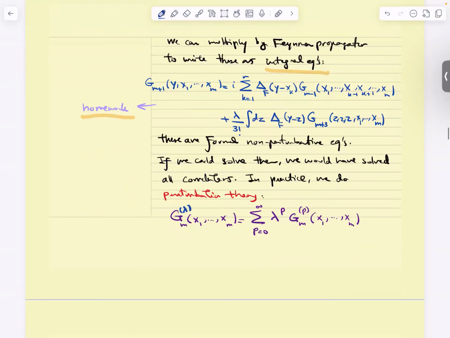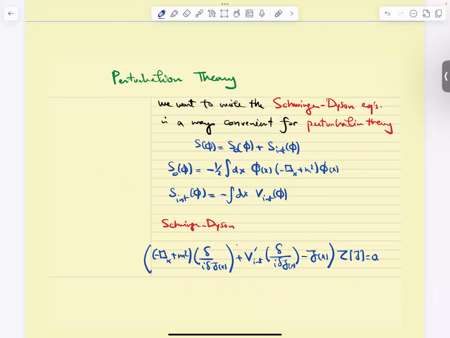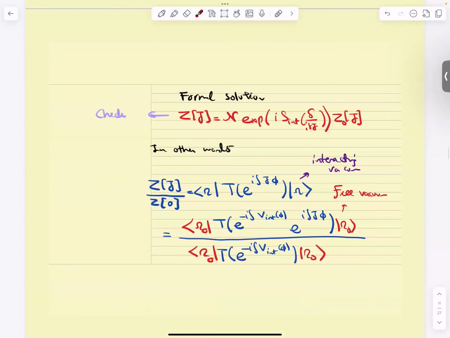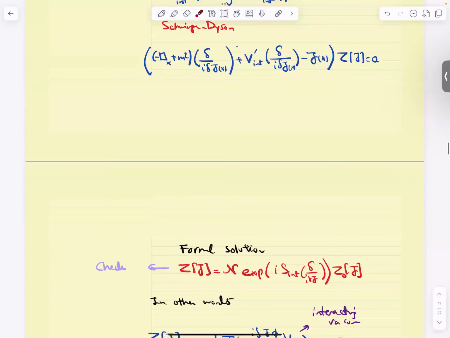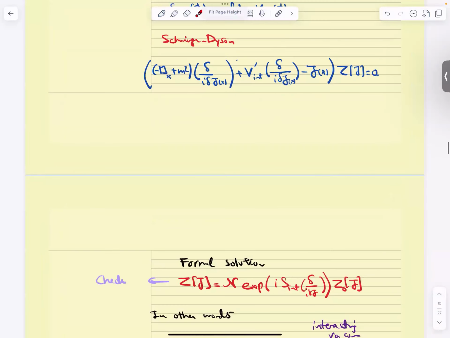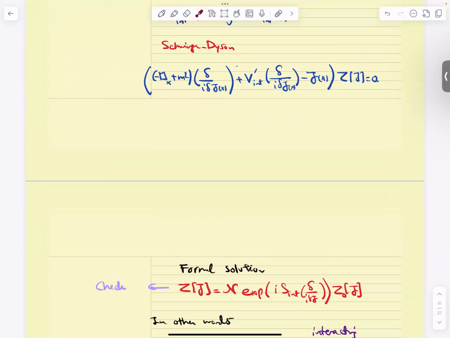All right, so here is this perturbation theory. We're going to try to solve this equation, Schwinger-Dyson, and this is our action. I said that before. Actually, a nice observation: as a matter of fact, you could formally write down the answer to that differential equation.